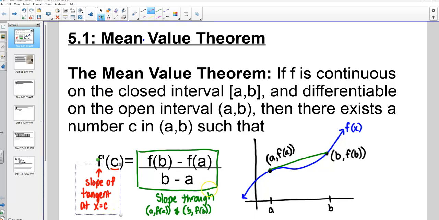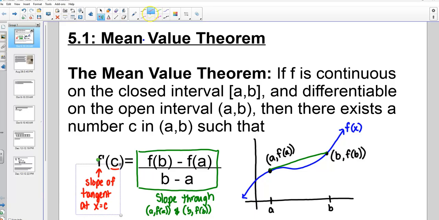So if the slope through the endpoints and the slope of the tangent line are equal to each other, what does it look like on a graph when I have equal slopes? Parallel. We got parallel lines.